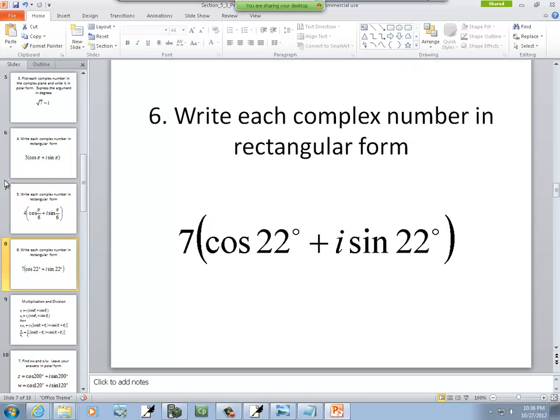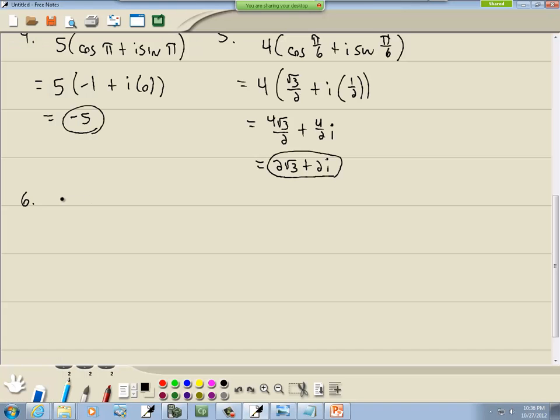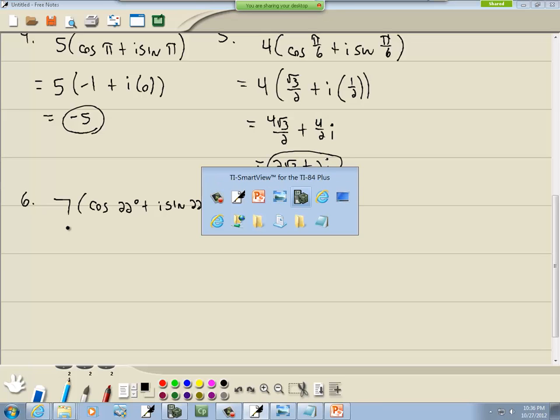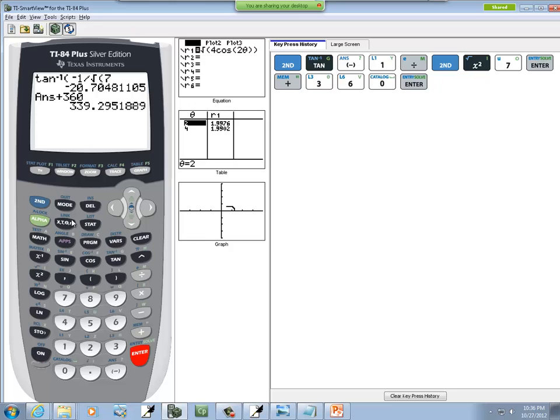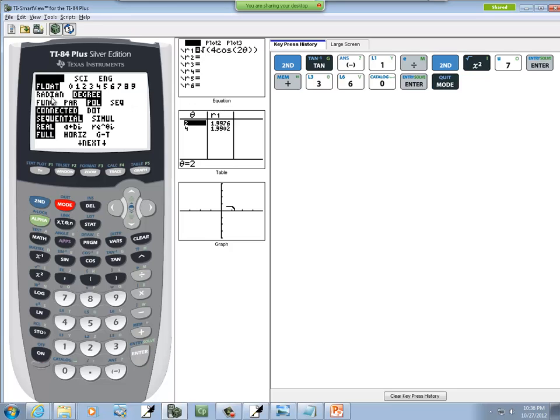Number 6. We got 7 cosine of 22 degrees plus i sine of 22 degrees. Well, 22 degrees isn't on our unit circle, so there's nothing special we can do here except just plug it straight into our calculator and round it to however many decimal places. It doesn't really specify. I want to make sure I'm in degrees, so press mode. I'm still in degrees, so second mode to exit out.